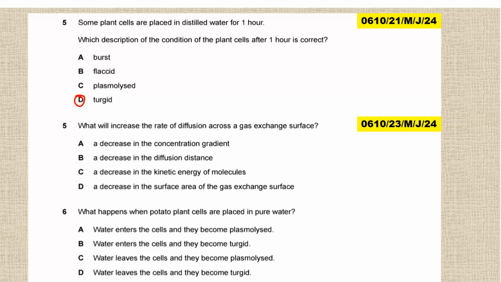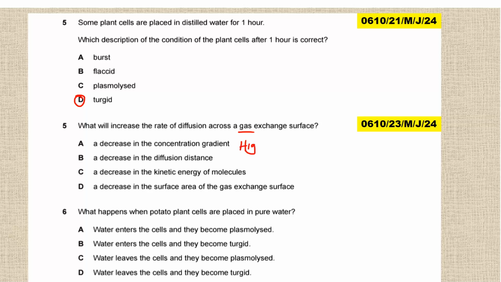Let us look at this one, paper 2, variant 3, May/June 2024. What will increase the rate of diffusion across a gas exchange surface? A, decrease in concentration gradient.